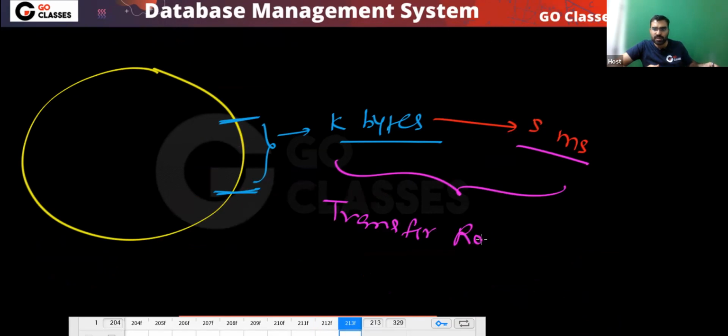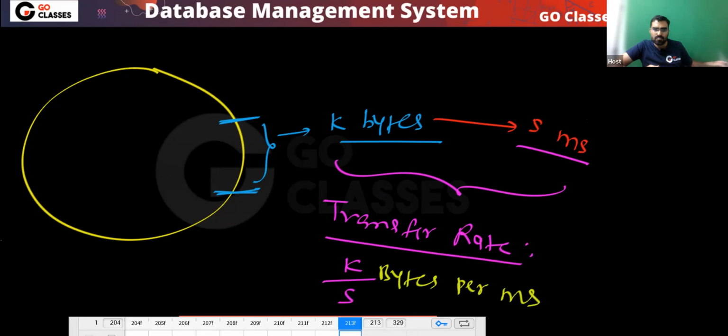The transfer rate will be K divided by S. So per millisecond, this many bytes I can transfer.